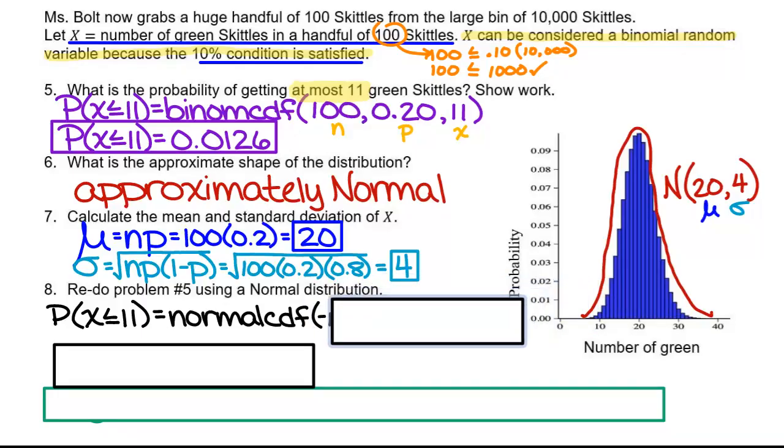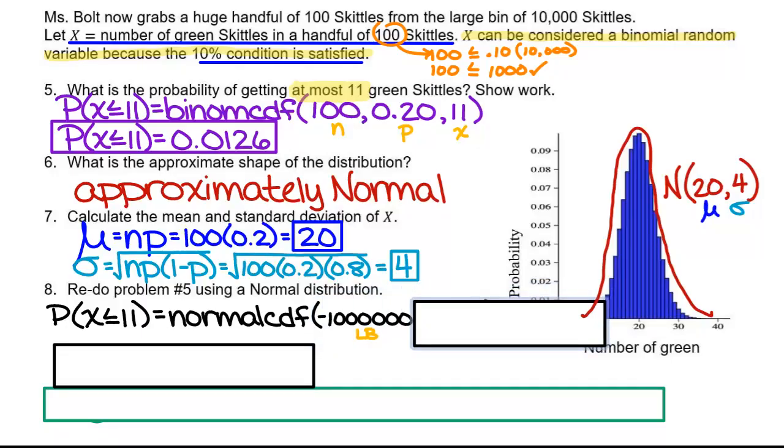What could we use as a lower boundary? Stick a negative on the beginning, yes. Negative 99999. Or we could use 0. In this scenario, 0 would make sense as the lower boundary because you can't have negative green Skittles. So when I did this, I went with something stupid small. I used negative 1,000,000.